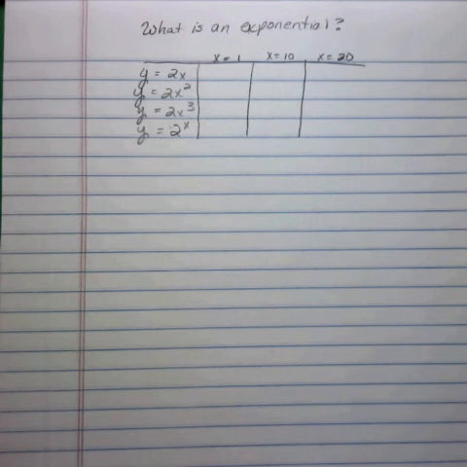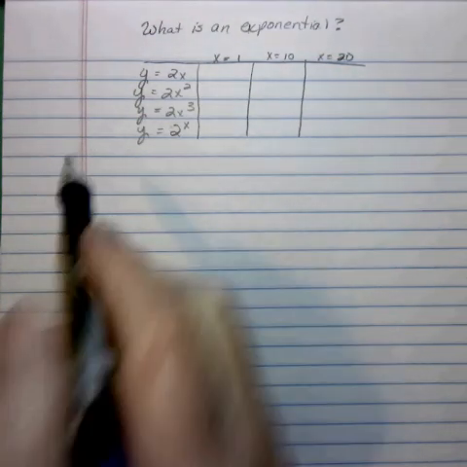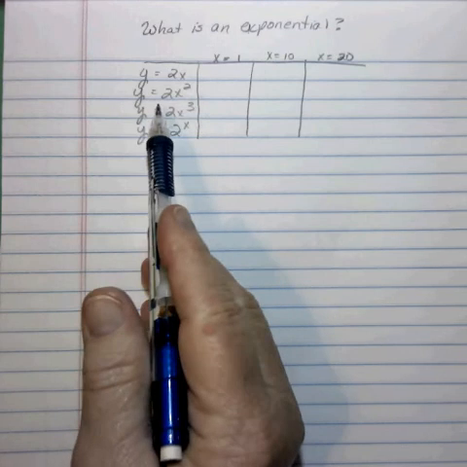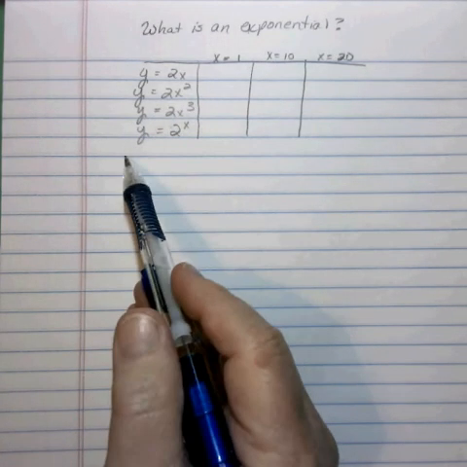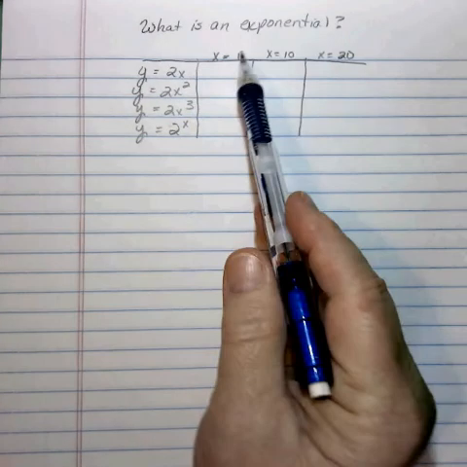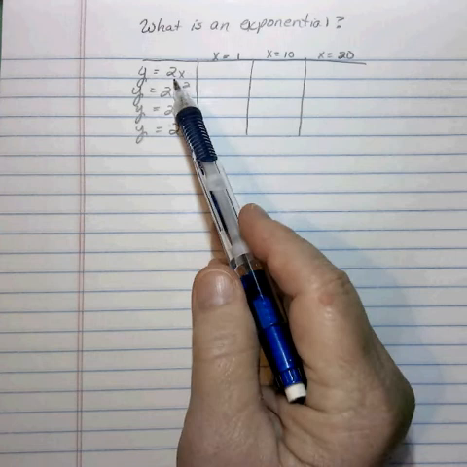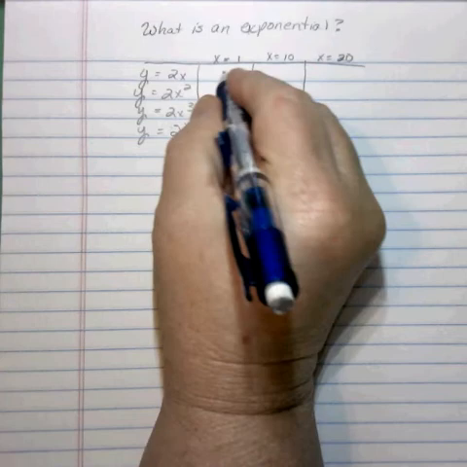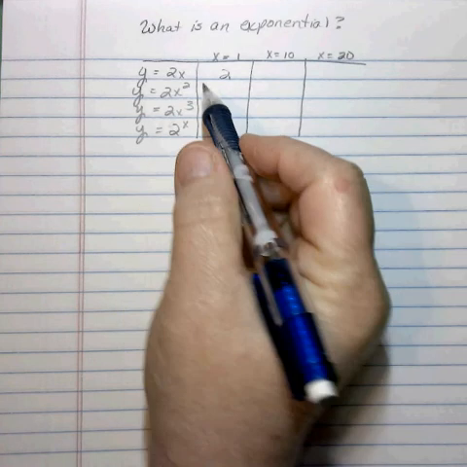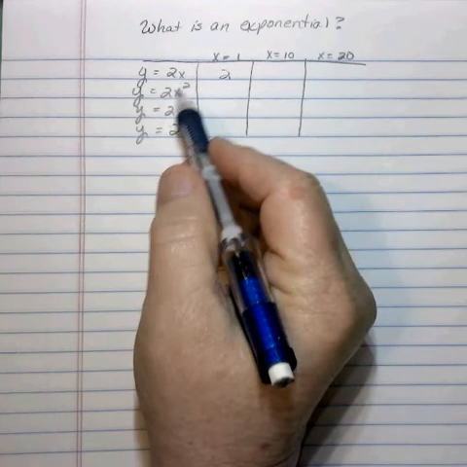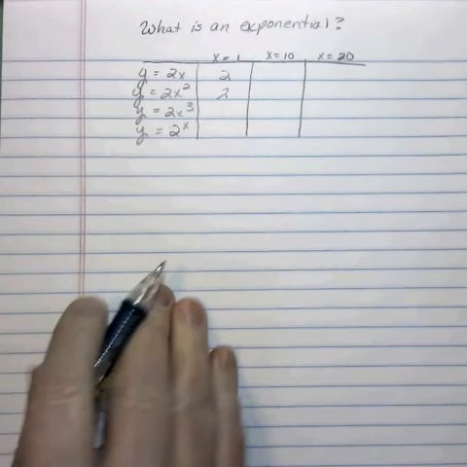What is an exponential? We're going to start by looking at this table of values where we have y equals 2x, y equals 2x squared, y equals 2x to the third, y equals 2 to the x. When we evaluate, we're plugging 1 in for the x. 2 times 1 is 2. 2 times x squared, 1 squared is 1 times 2 is 2.